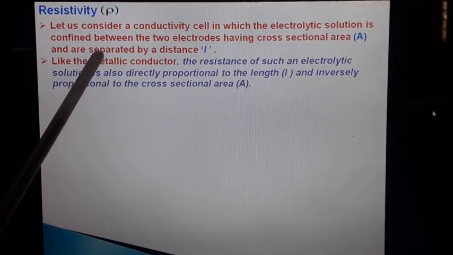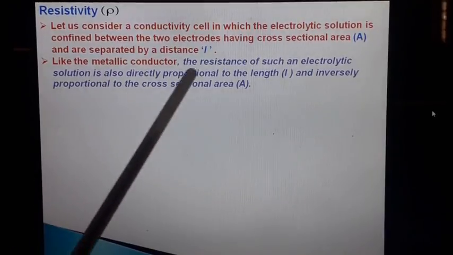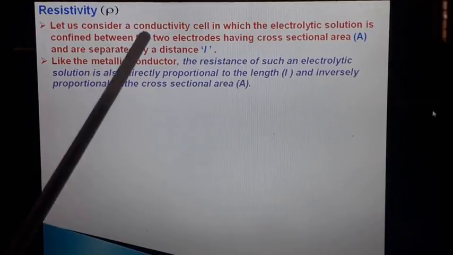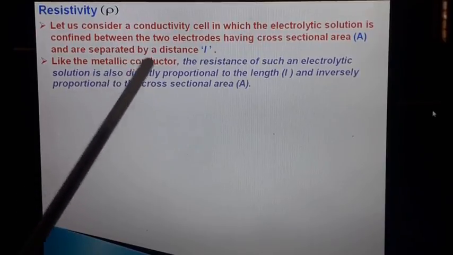A is the cross-sectional area of the electrode, and L is the distance between the two electrodes.